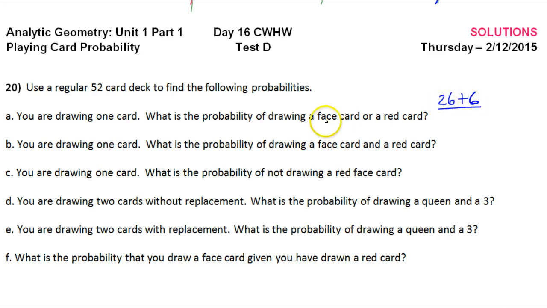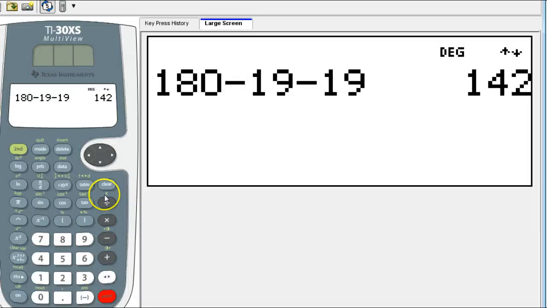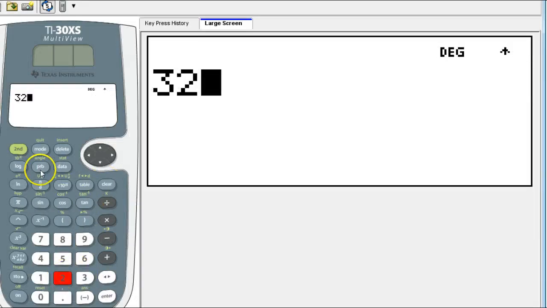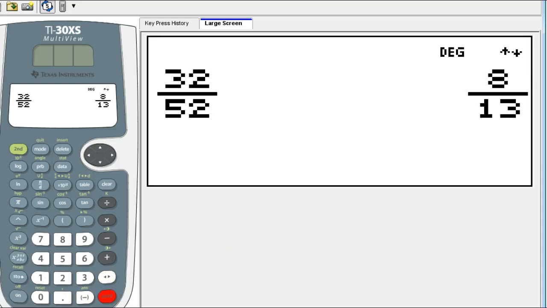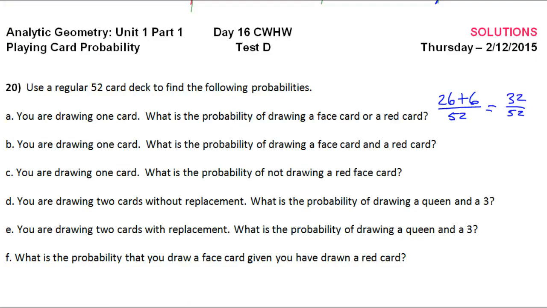That's the total number of cards that are either face cards or red cards. Okay, out of a total of 52 card deck. So 26 plus 6, that's going to be 32. So we're talking about 32 out of 52. So you can either leave this as a fraction as long as you reduce it. Alright, 32 out of 52. Okay, so that's 8/13 is one form of your answer.